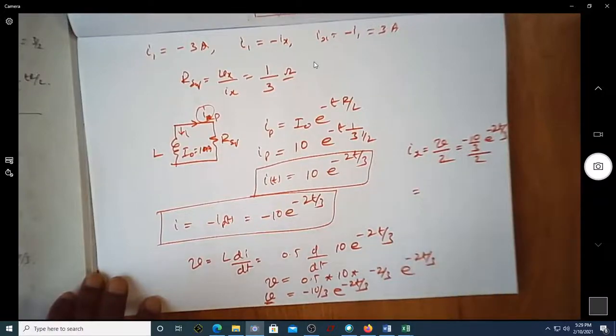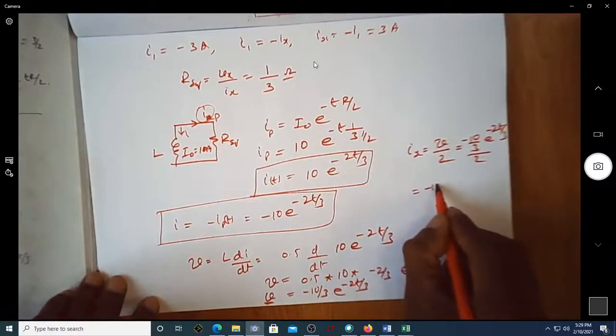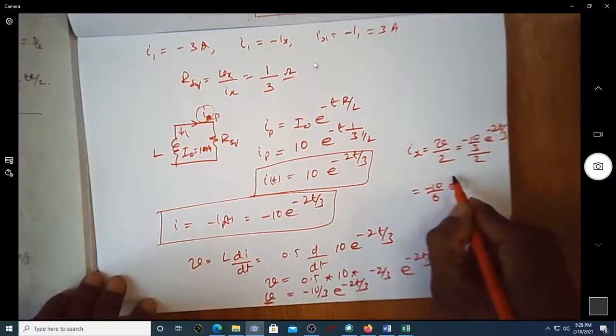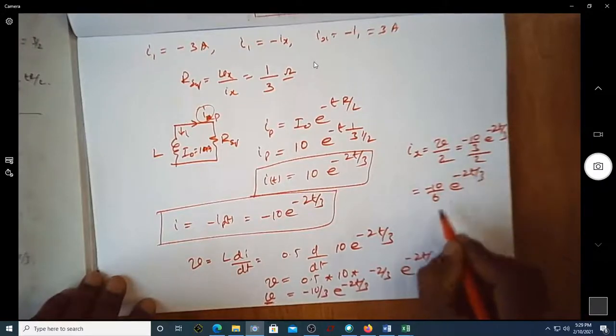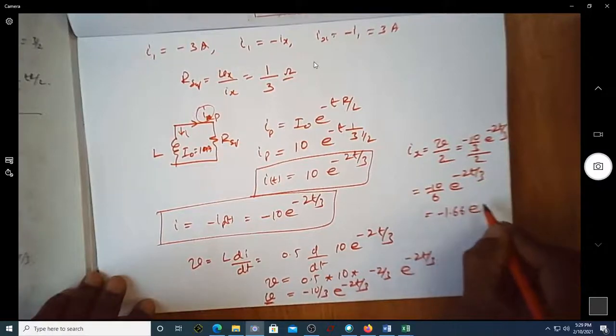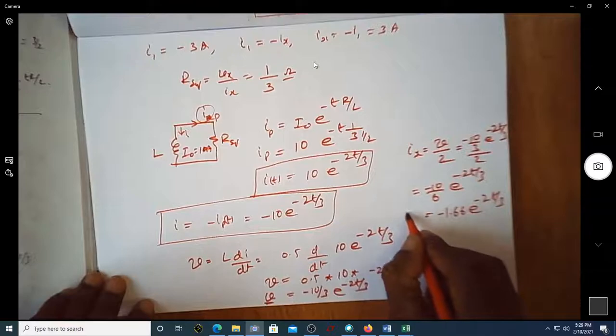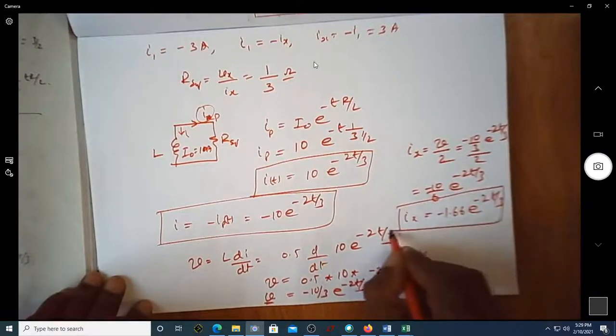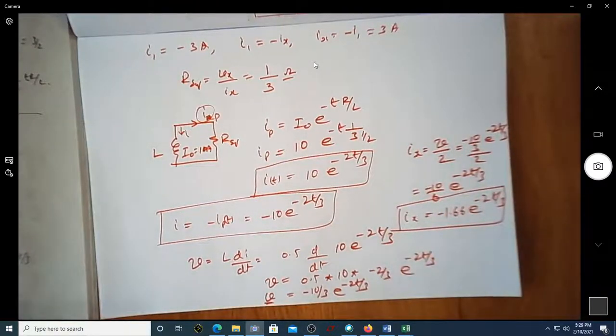So this happens to be 10 by 6 e power minus 2t by 3, which is equal to 1.66 e power minus 2t by 3. This is the expression for Ix.